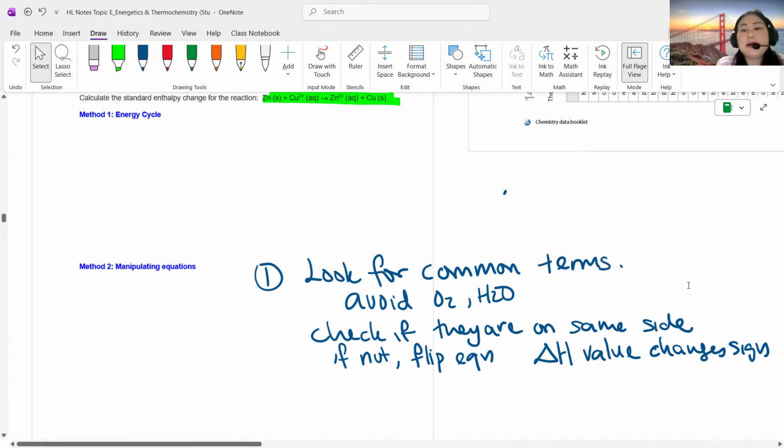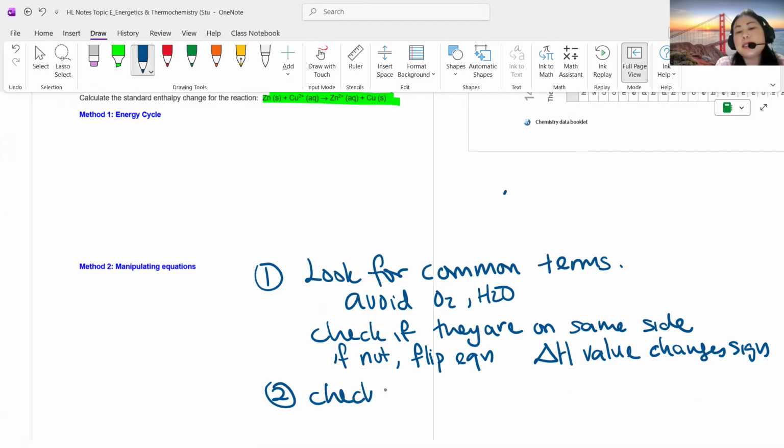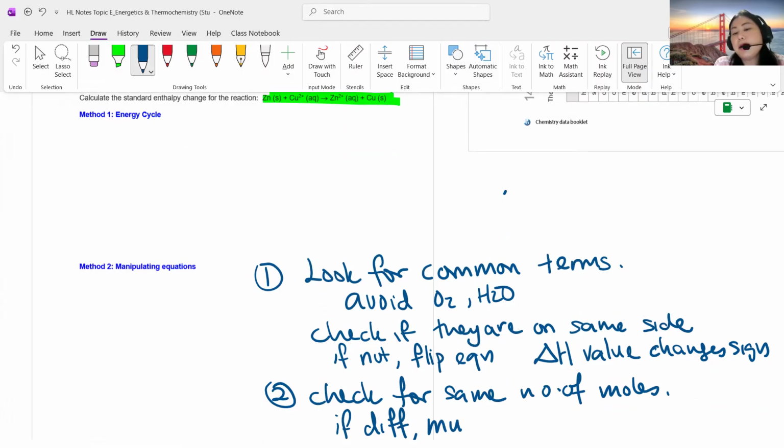Now, after you have arranged them to make sure they're on the same side, the next thing you will do is check whether they are the same number of moles.